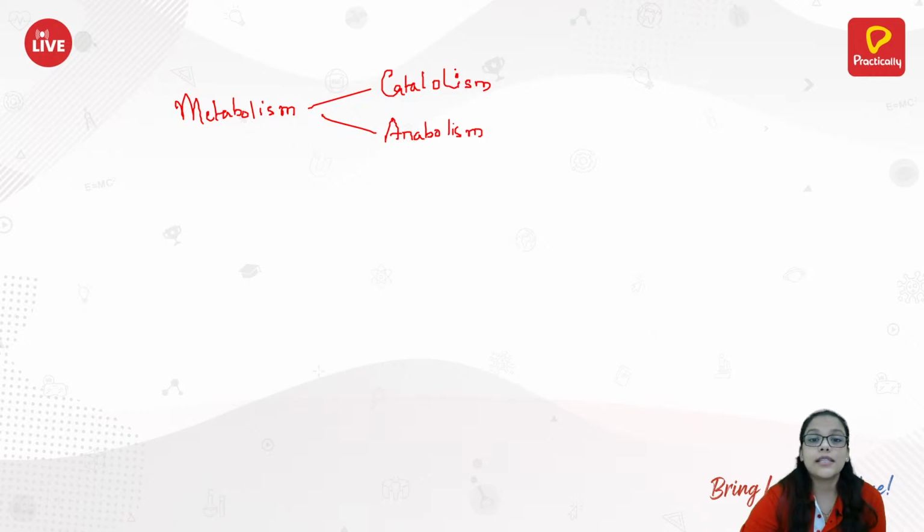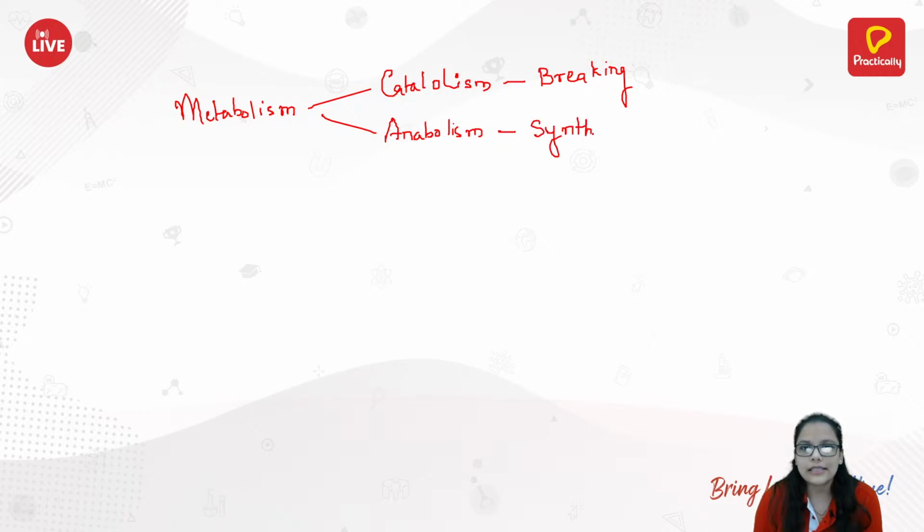Catabolism is the breaking of compounds. Okay. And anabolism is the synthesis of compounds.